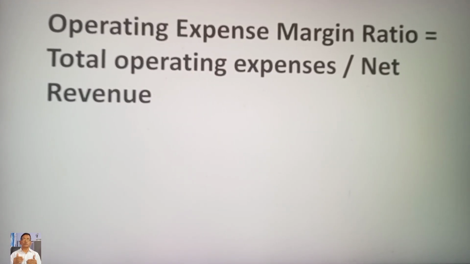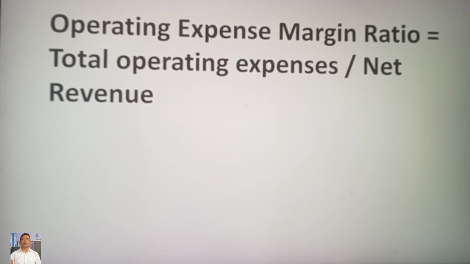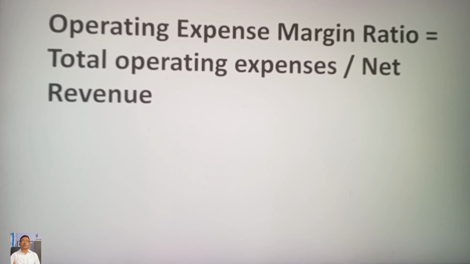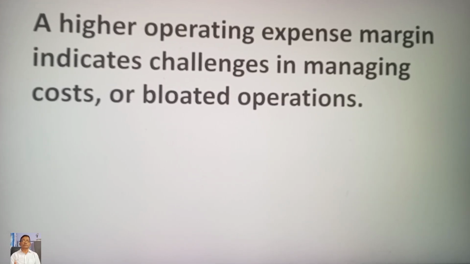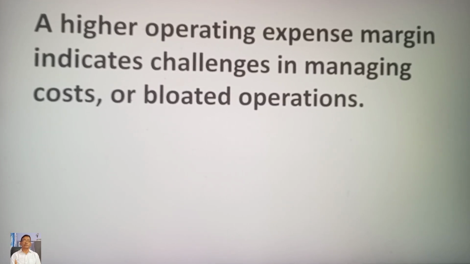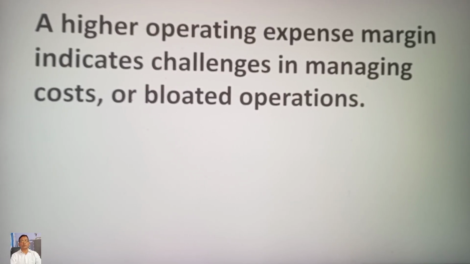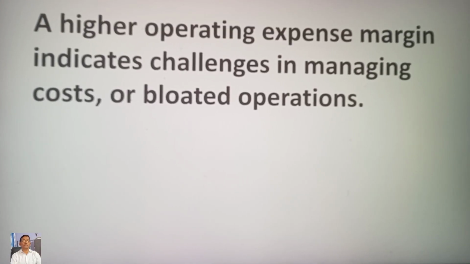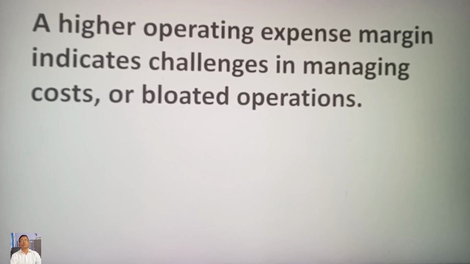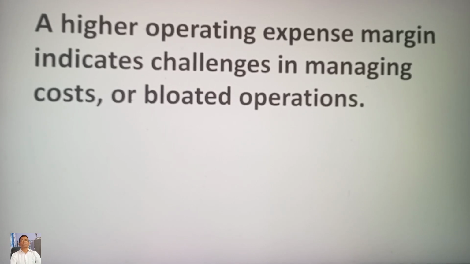So, operating expense margin ratio is equal to total operating expenses divided by net revenue. A higher operating expense margin indicates challenges in managing costs or bloated operations, whereas a lower operating expense margin ratio means greater efficiency in leveraging revenue growth versus expense growth.